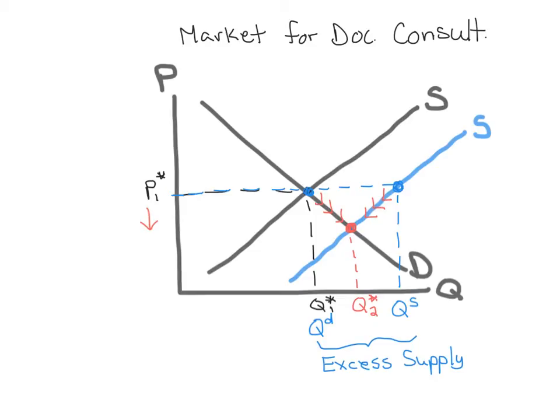And again, this occurs when the price is at P star 2. In the end, the result of having more physicians graduate every year, thereby increasing the supply of physicians, is to have a cheaper price of a doctor consultation and to have more doctor consultations overall.